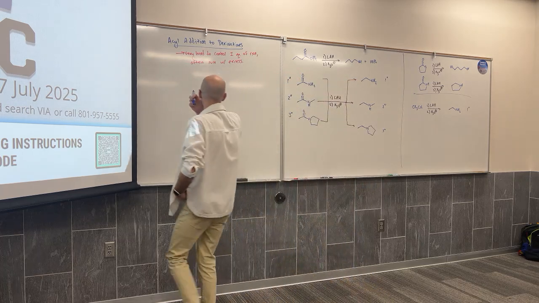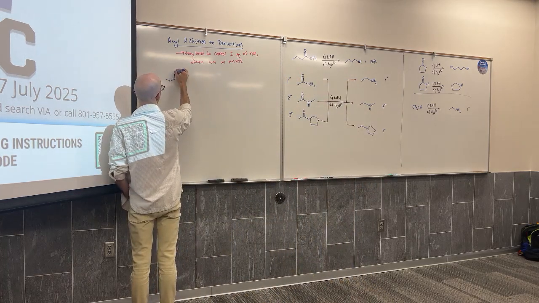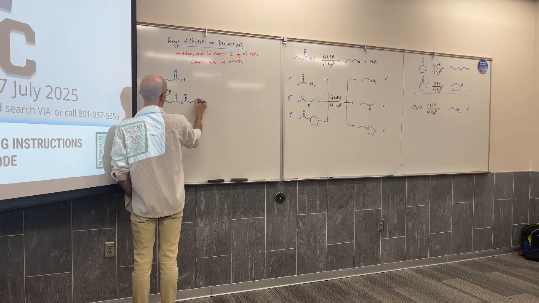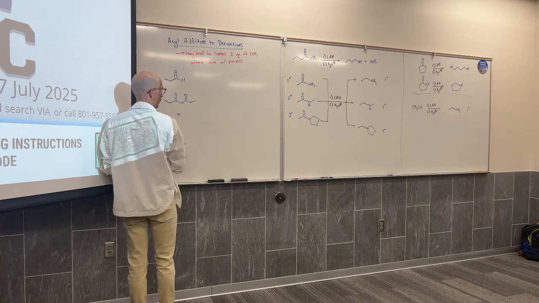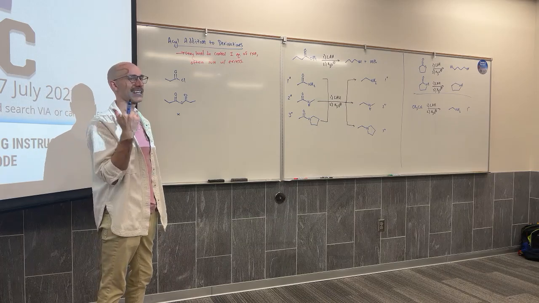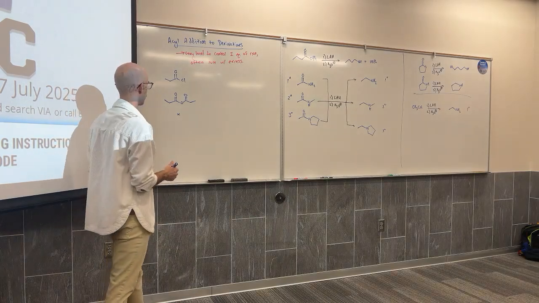If we take the acid chloride, the acid anhydride, symmetric, we're going to skip the carboxylic acid because organometallics cannot exist in the presence of carboxylic acids.